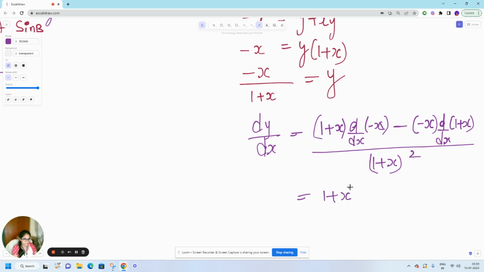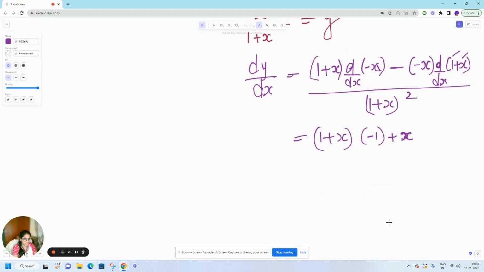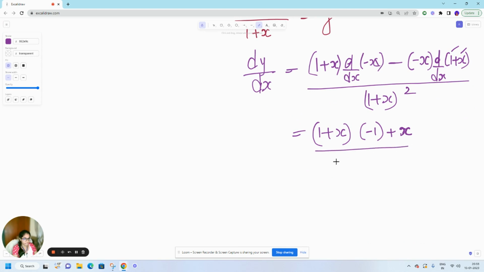Now what would I get? 1 plus x into negative 1 plus x. Differentiation of 1 is 0, differentiation of x is 1. So I would have here x into 1, which is x itself, divided by 1 plus x, the whole square. Let me give this negative term to each term.